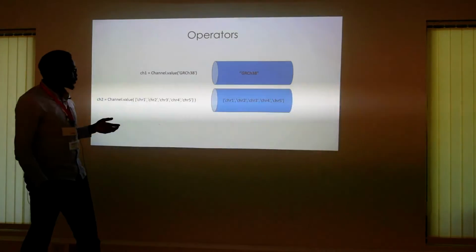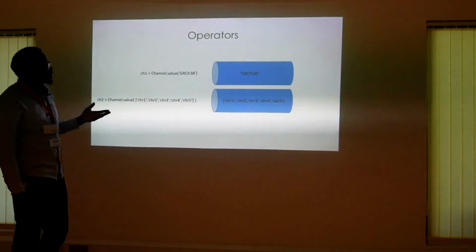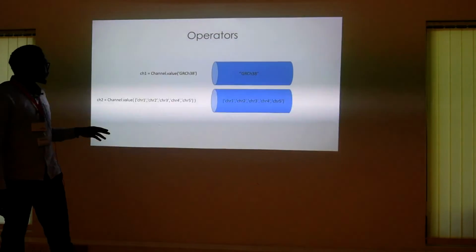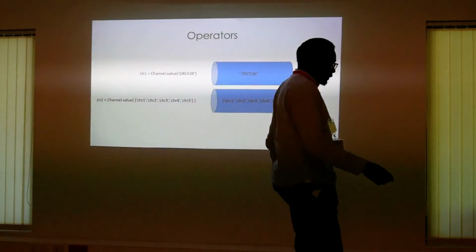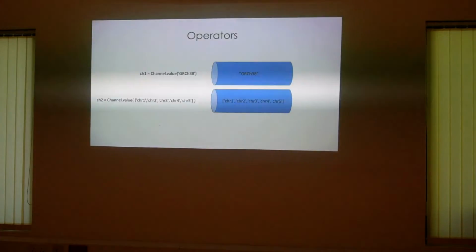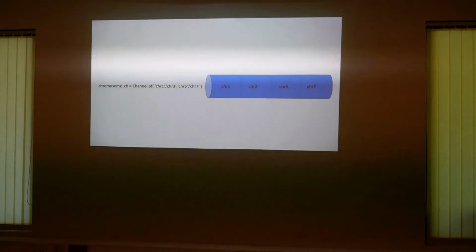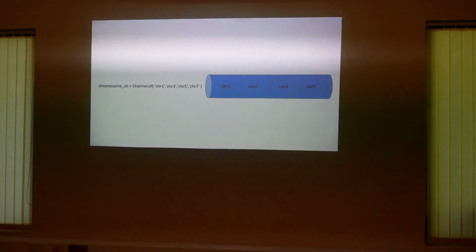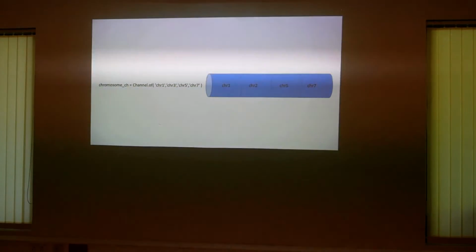So you have one file which contains chromosome 1, 2, 3, and 4. You can still make channels using channel of, as you can see there.